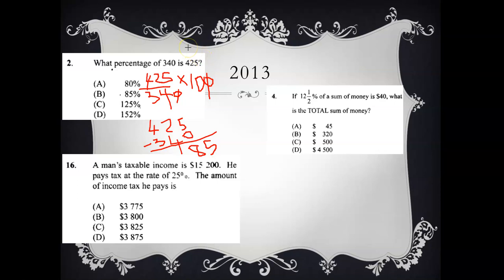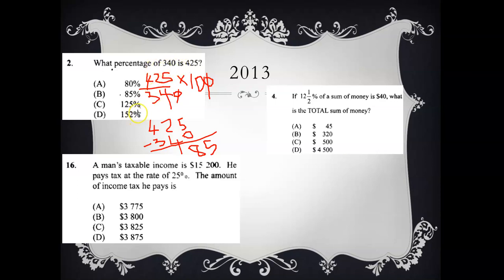Now we know that 425 is bigger than 340. So that means it is more than 100% of 340. Now when we subtract and we get the difference of 85, we can look at 85 and say it is actually less than 340. So it is less than half of 340.